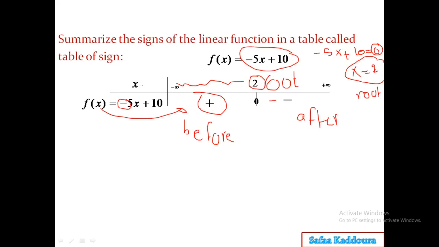After the root the sign will be the same as a. The sign of a is negative, so the sign of f of x is negative. So at x equal to 2, which is the root, the value of the function is 0. Before the root we have the opposite sign of a, and after the root we have the same sign as a. Okay?